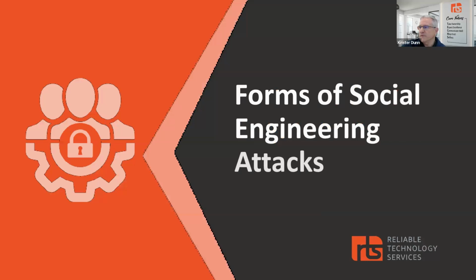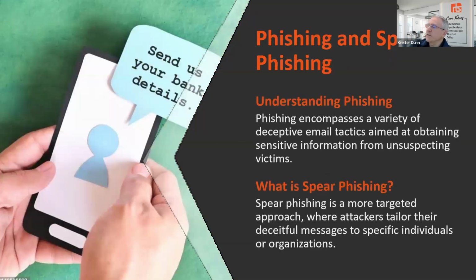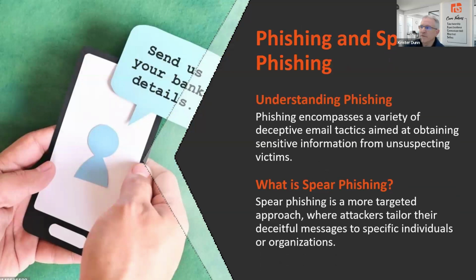There are different forms of social engineering, and they look different. We'll cover a couple of those, and Will, feel free to jump in after each of these and give an example. But phishing and spear phishing. It's a little bit of a play on words. The easiest way to explain it is it sounds like what it is. Phishing is casting a wider net: a variety of deceptive emails.